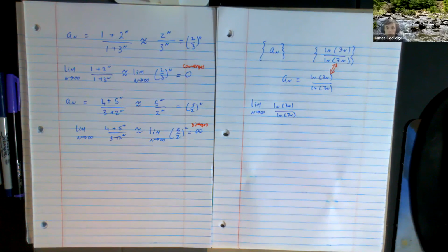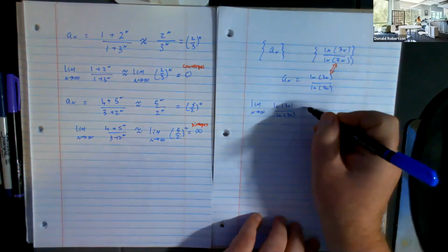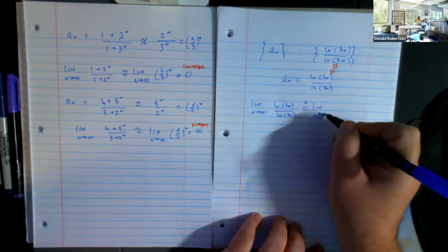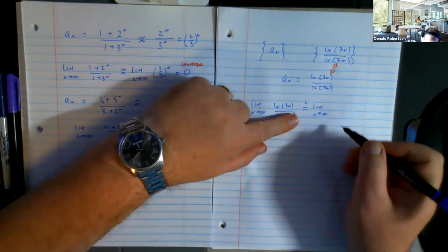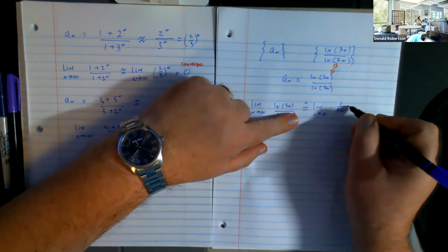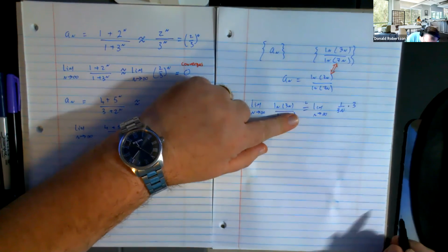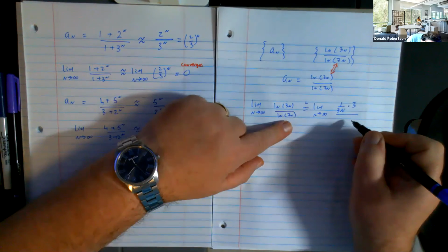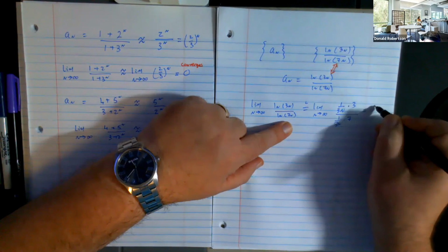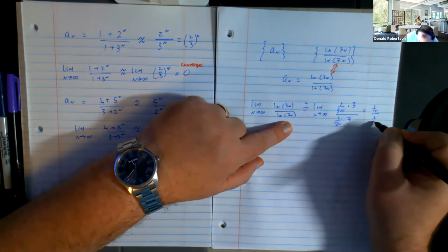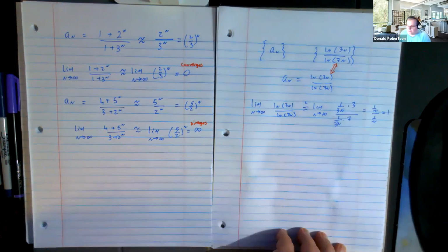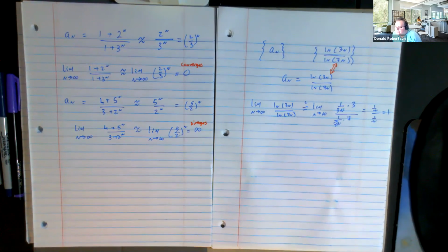L'Hopital's rule? That's version number 1. If you differentiate the natural log of 3n, won't you get 1 over 3n times 3? And if you do the 7n, you get 1 over 7n times 7, which means you get 1 over n over 1 over n. Well, isn't that just 1? So the limit is 1.